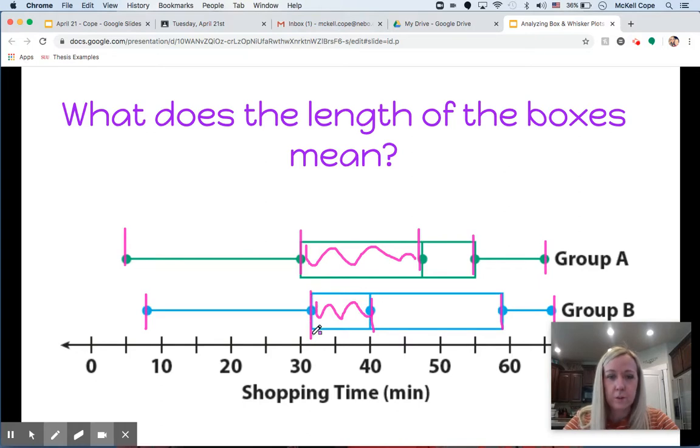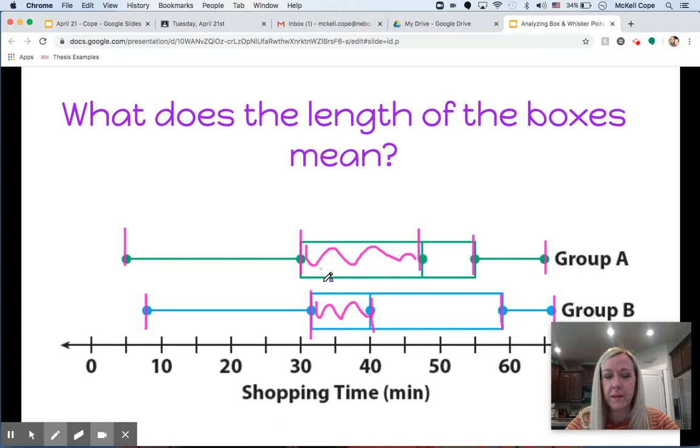So it goes from 32 to 40. So we have a range of 8 numbers. This box up here starts at 30 and ends at about, sorry, past 45. It will go probably about 47, so 30 to 47.